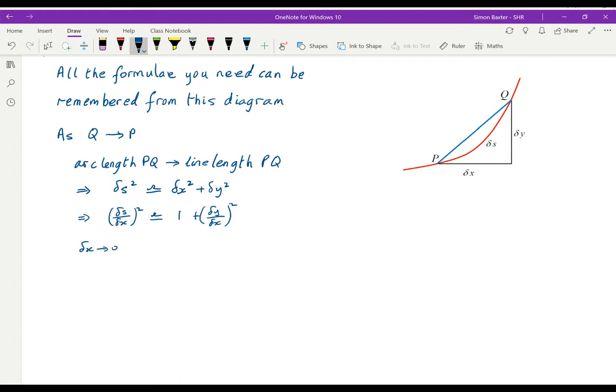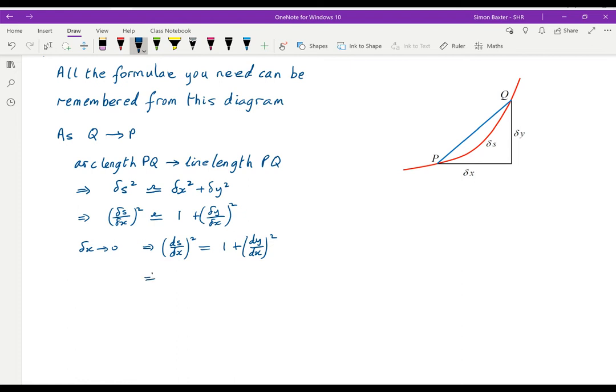Delta s by delta x becomes ds by dx. Our approximate equality becomes an equality: 1 plus (dy by dx) squared.